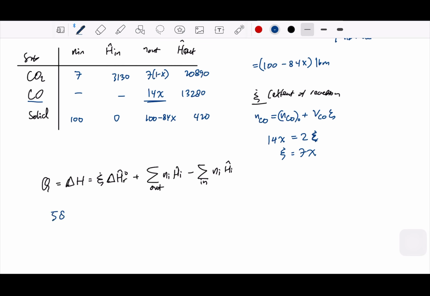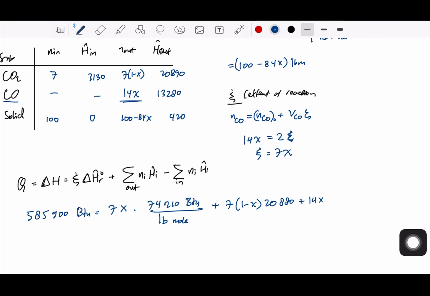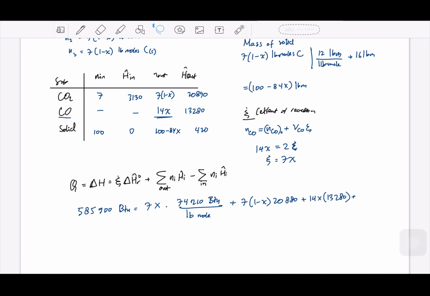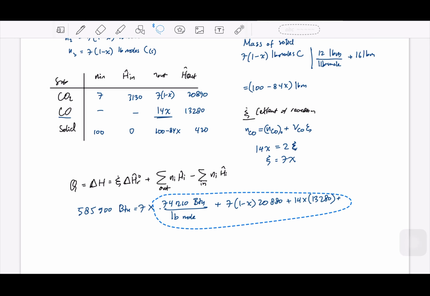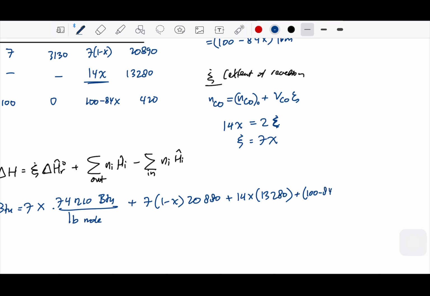So the heat is 585,900, and this is 7x multiplied with 7421 BTU, plus 7(1 minus x) times 2880, plus 14x multiplied with 13,280, and plus 100 minus 84x for the solid, and minus 7 times 3130.